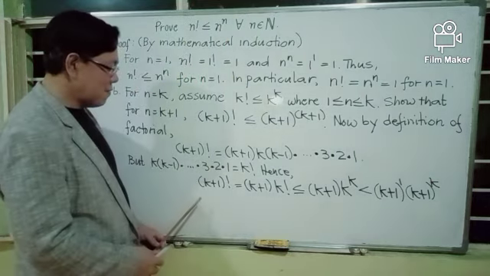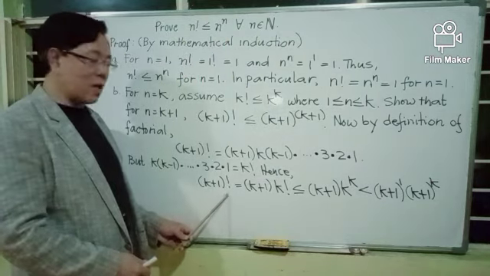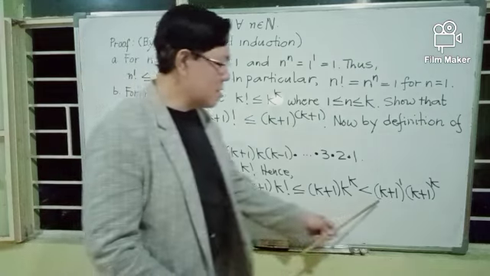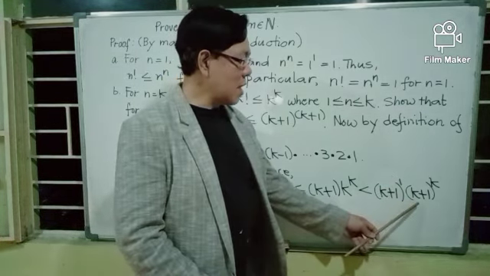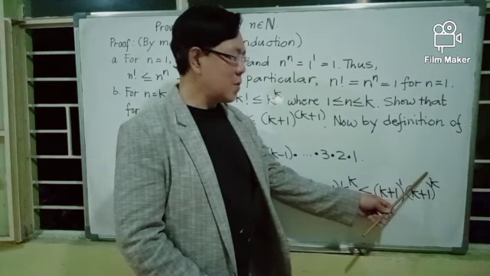And so we have k plus 1 factorial is less than k plus 1 raised to 1 times k plus 1 to the power k.